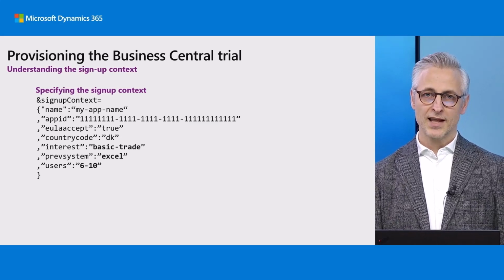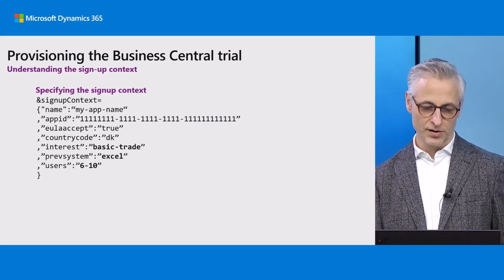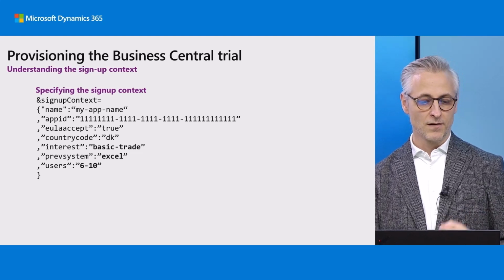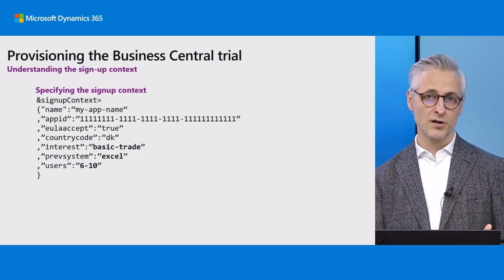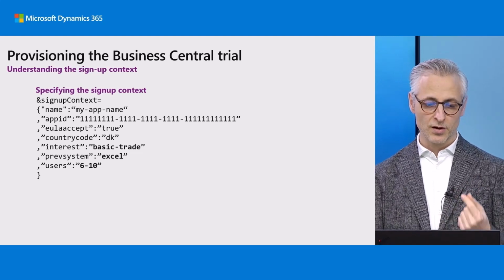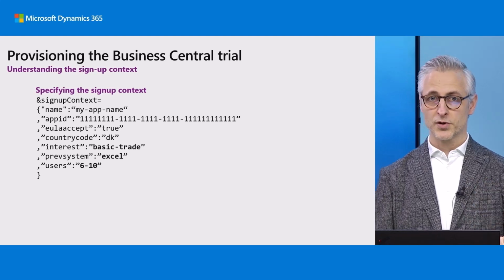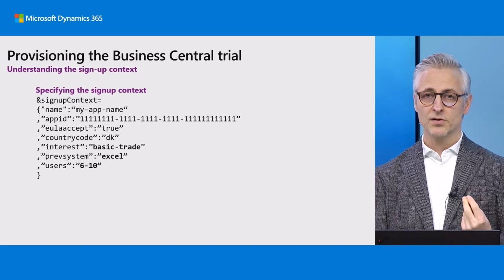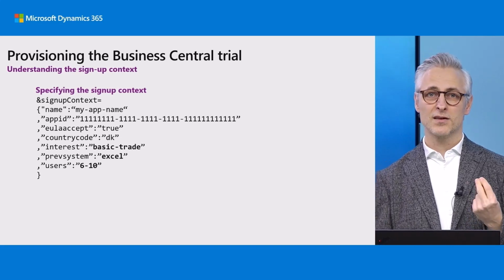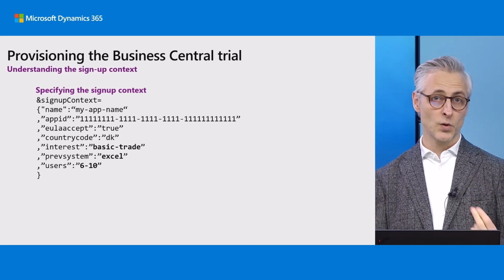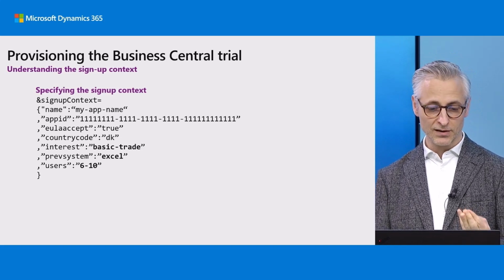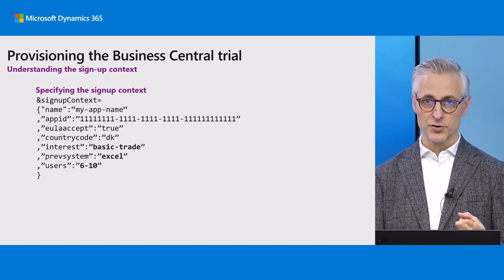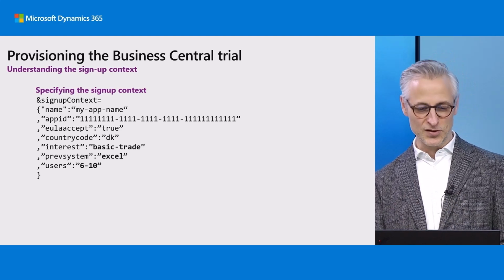There's some other information that has to be present here in the sign-up context when you use an app ID. For example, you need to specify a country code. The country code must match the country code of the customer's AAD, and it also must match a supported country of your app. So there are three things that must match in terms of country. This will also be in the documentation.